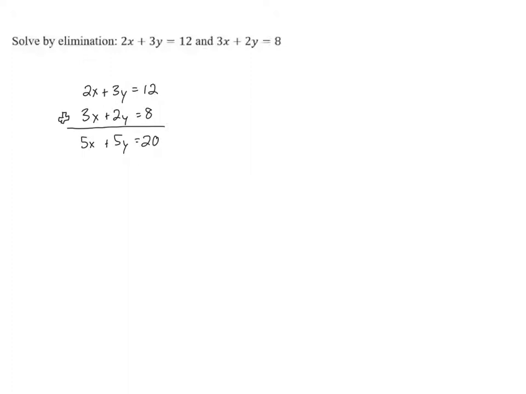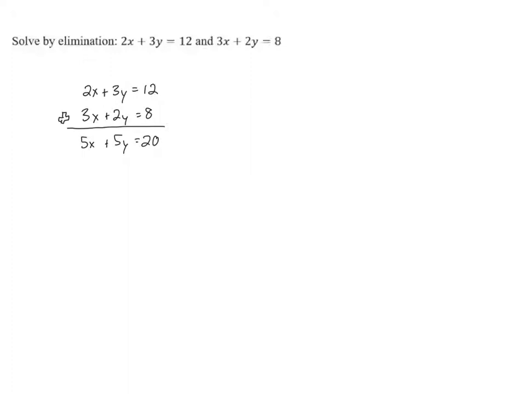This one's going to be more difficult because we can't just multiply one of the equations. If we wanted to cancel out the x's, we have 3x here and 2x here, and 3x isn't a multiple of 2x. The same problem happens with y. We've got 3y and 2y, and 3y isn't a multiple of 2y.